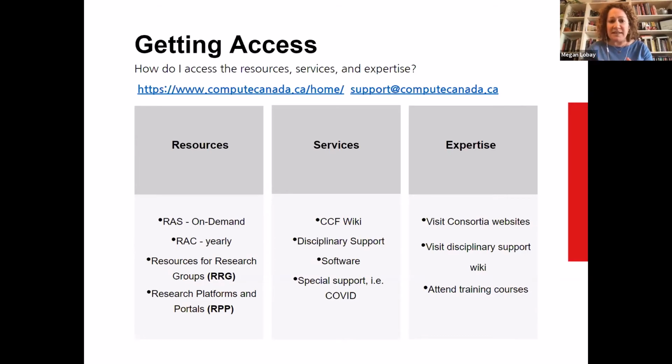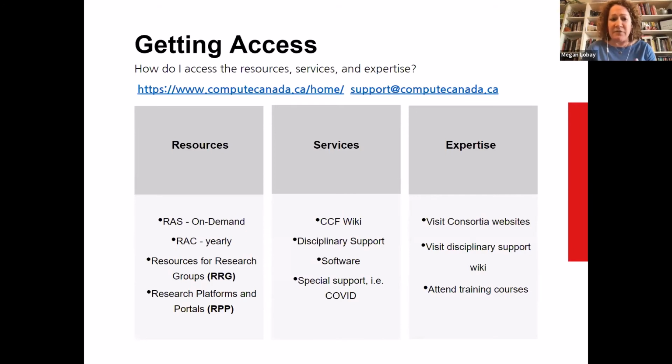For our services, how do you learn about what types of software are available, these data portals? The Compute Canada Federation Wiki is awesome. You just Google the Compute Canada Federation Wiki, or it's hopefully in the chat if I remember to include it. It has so much information about absolutely everything we do, and the real technical information, the nuts and bolts of how to get started.